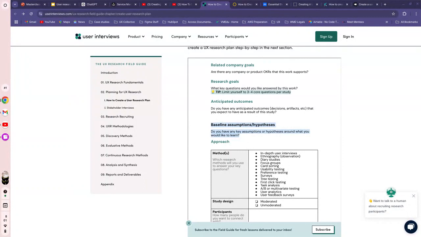We believe that if we do this and do this, this will happen. That is a hypothesis, but it's just a hypothesis. It doesn't mean that it's true. The only way we can validate that it's true is by carrying out research, by testing maybe a prototype or a design, or asking people questions. That's how we validate whether the assumption or the hypothesis is valid or not. So we do research for that purpose.